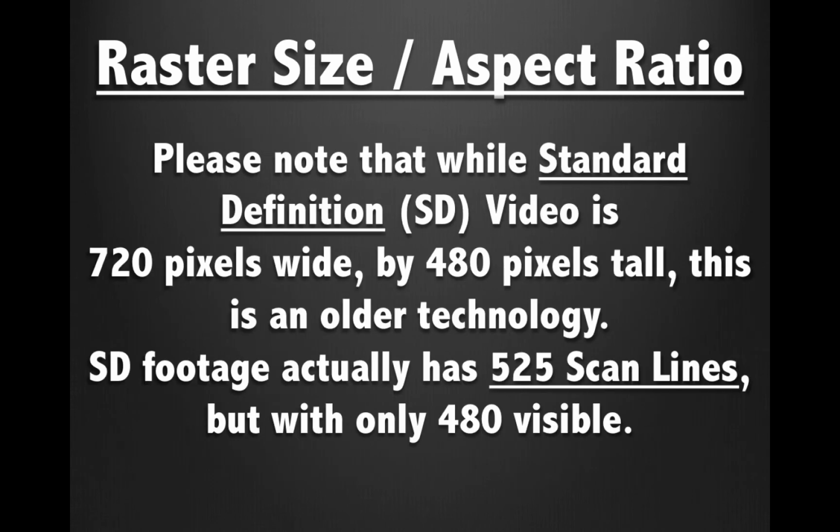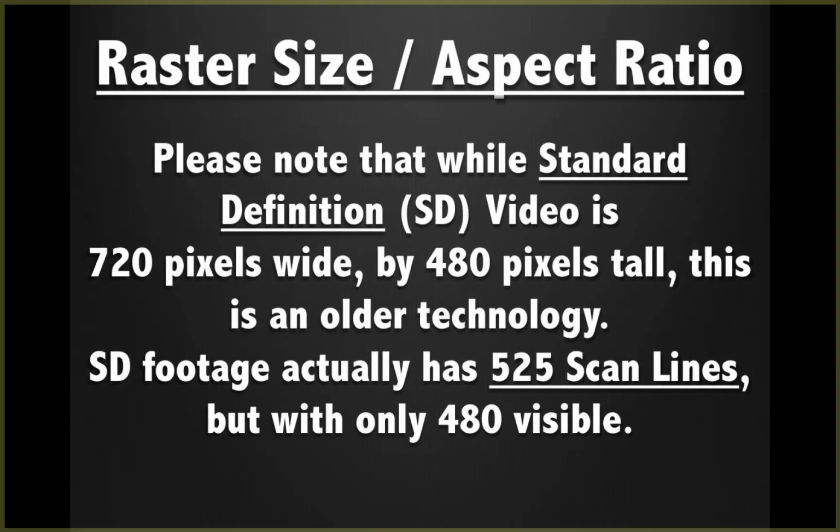Please note that while standard definition video is 720 pixels wide by 480 pixels tall, this is an older technology. You'll run into this sometimes. Standard definition footage actually has 525 scan lines, but you can only see 480 of them.